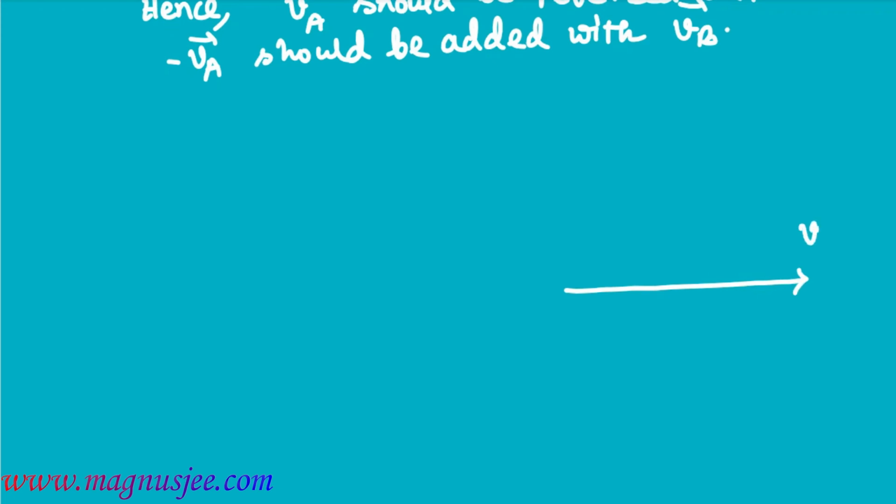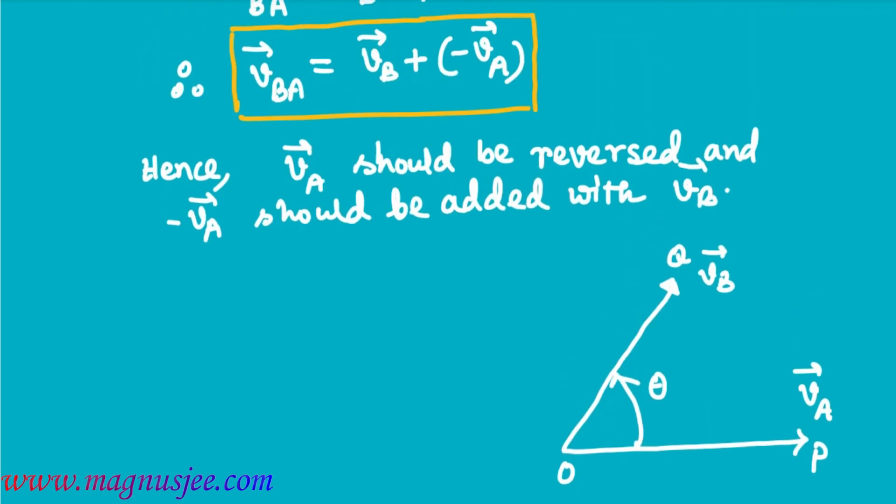Again, we can draw the diagram. So vector VA is acting in this direction. That means body A is moving along OP and another body B will be moving along OQ with a velocity vector VB. Here the two bodies are moving at an angle theta along OP and OQ, and vector VA should be reversed.